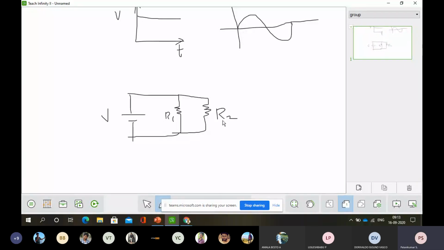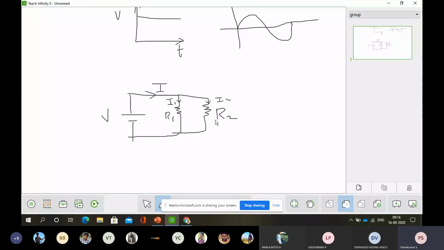If these two resistances are there, both resistances will draw equal current when the resistances are equal. Suppose I am drawing a current I. Out of this, I1 current will flow through this resistance and I2 current will flow through this resistance.